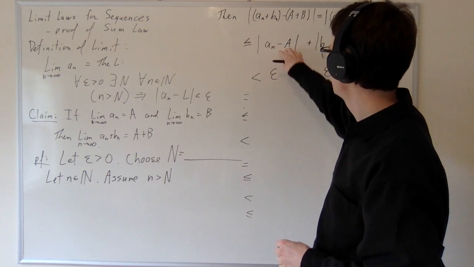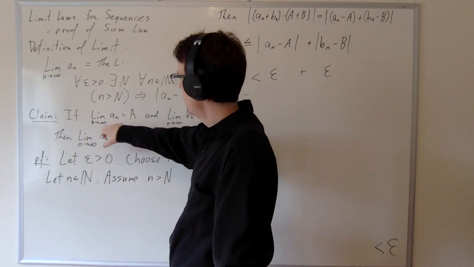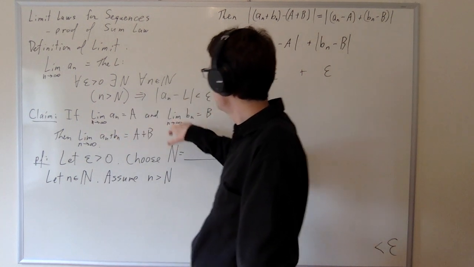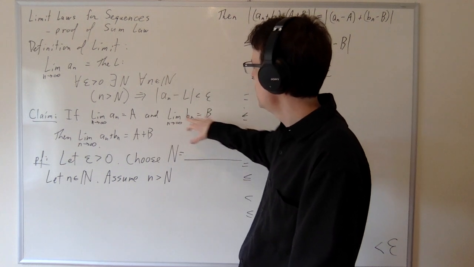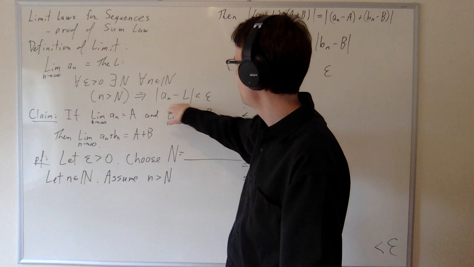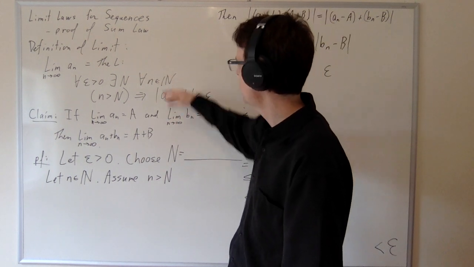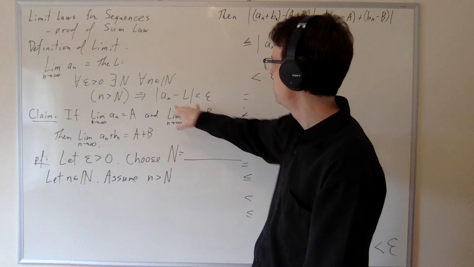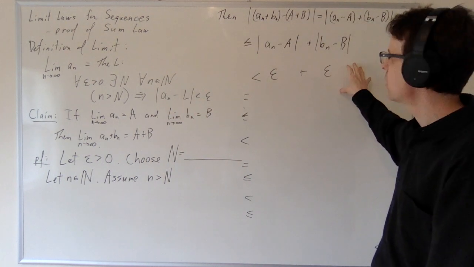The reason I say this would be natural is because we know that the limit of an as n goes to infinity is a. We know that the limit of bn as n goes to infinity is b, and so the definition of the limit should tell us about the term an minus a being less than epsilon, right? And similarly, the definition of the limit should tell us that the term bn minus b absolute value is less than epsilon. So that seems natural, but that's not quite right.